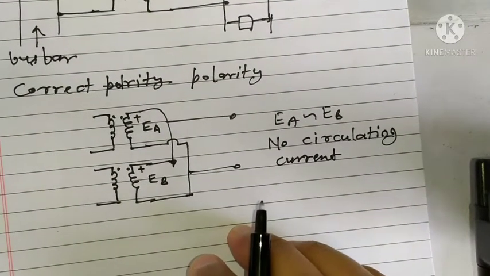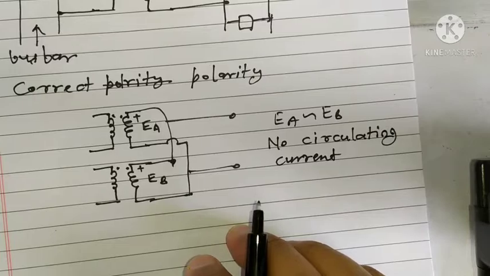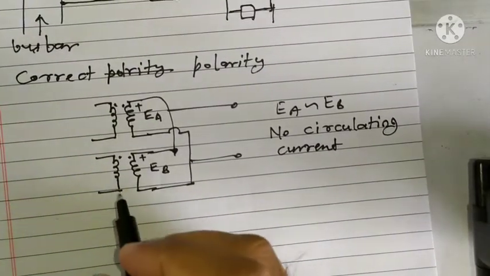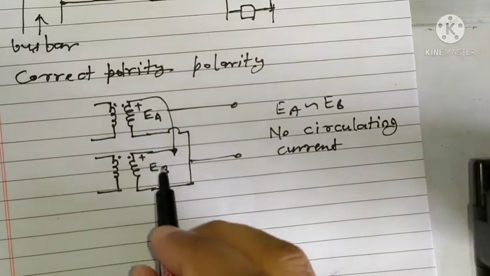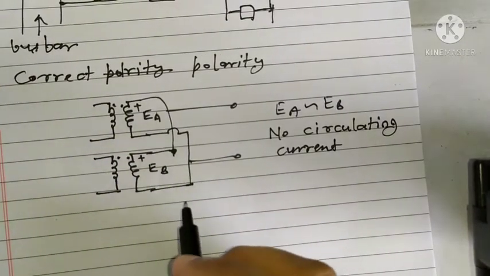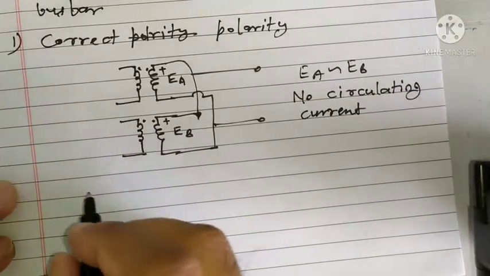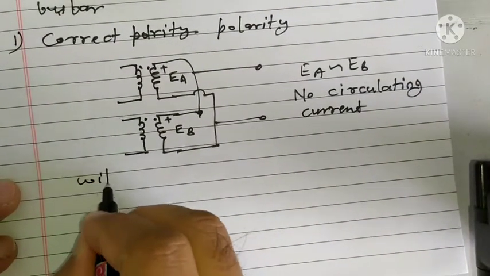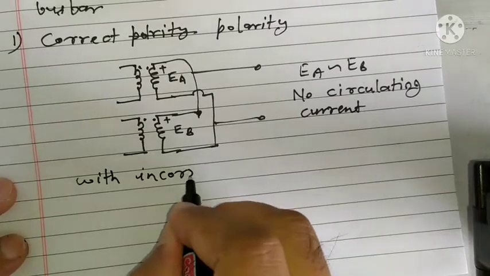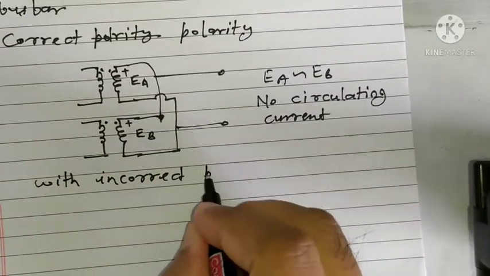And if the transformers are connected with additive polarity, that is wrong polarity, that means the upper terminal is not connected to this plus terminal, it is connected to the lower. In that case there will be circulating current with incorrect polarity.